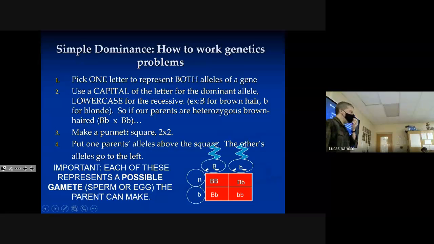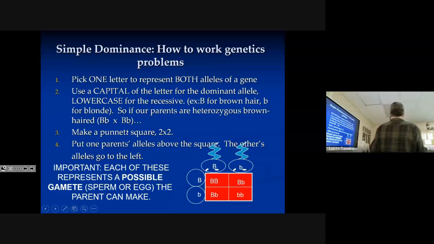Because the next thing Mendel starts to look at is, okay, we got hair color and eye color in people, or we have flower color in peas, purple and white flower color, and we have plant height, tall and short. Well, do they affect each other? That was the question.